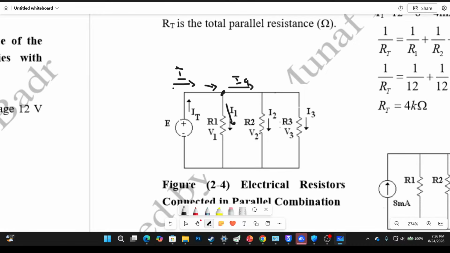We have IA also leaving. KCL states that IT equals IA plus our I1. Now we move on to the next node. Having this node, we know IA will be equal to I2 plus I3.